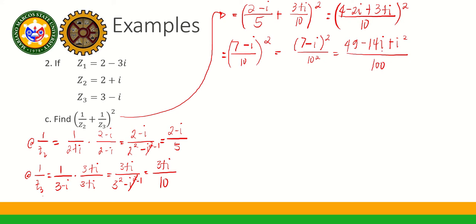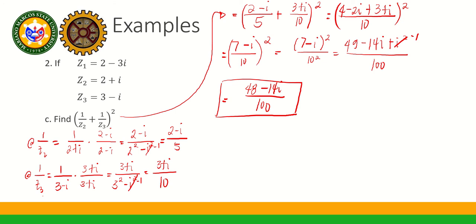So i squared is equal to negative 1. So our final answer is equal to 49 minus 1, that is 48, minus 14i over 100. So this is our final answer for example letter C in number 2.